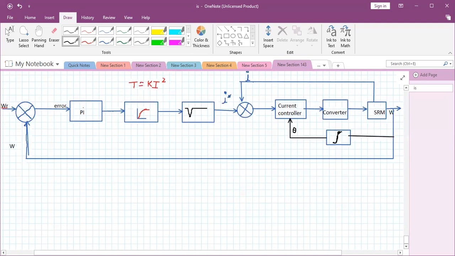Okay. So now we will discuss the different converter methodology, or we can say topology of the converters.